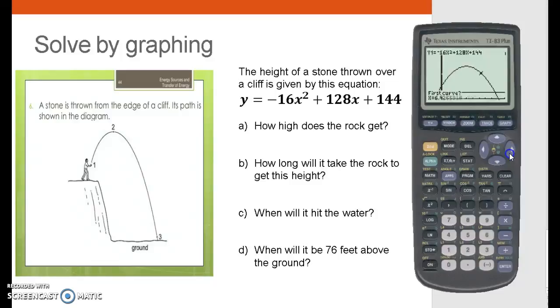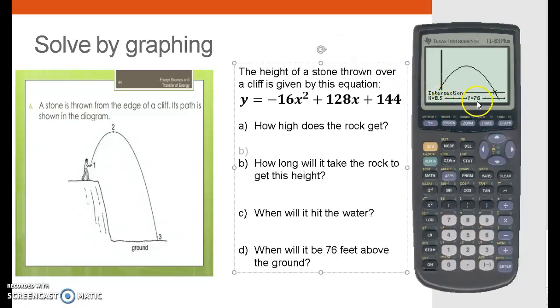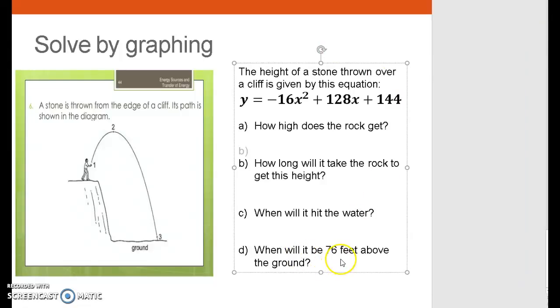And right now I'm on the first curve, so I want to click enter. Now I'm on the second curve. I could guess, but the intersection point is going to be that in 8.5 seconds it's going to be 76 feet high. And that's the answer to the second question, or the part D there.